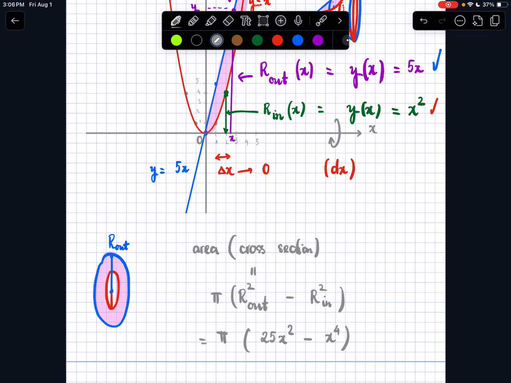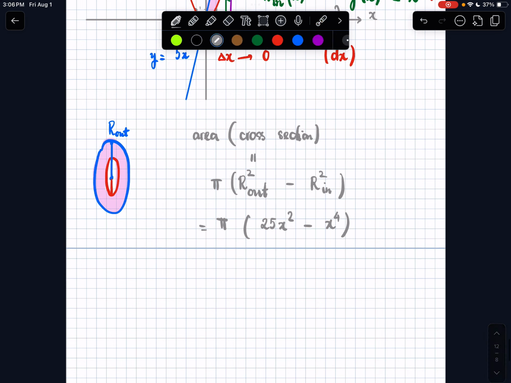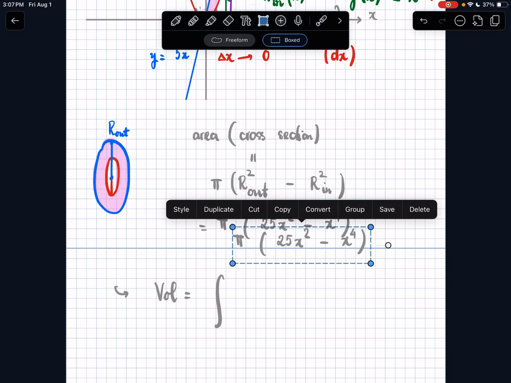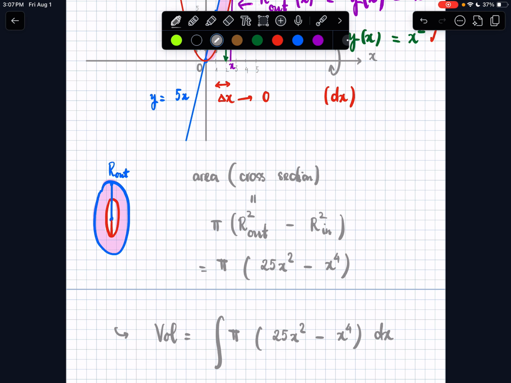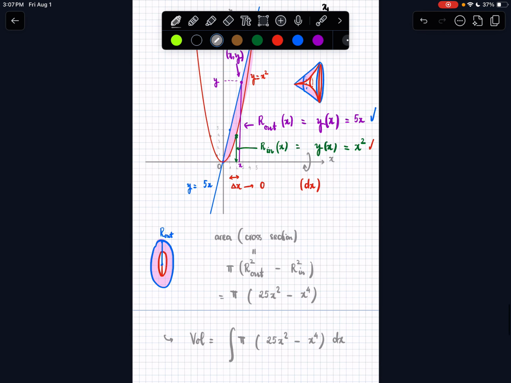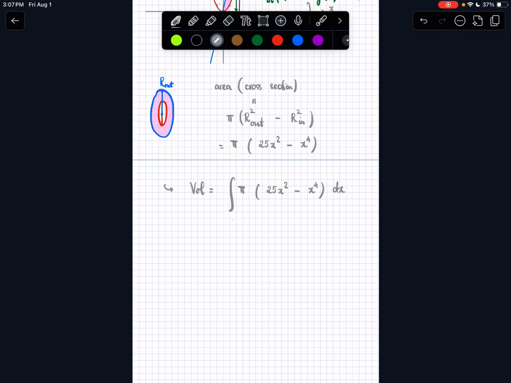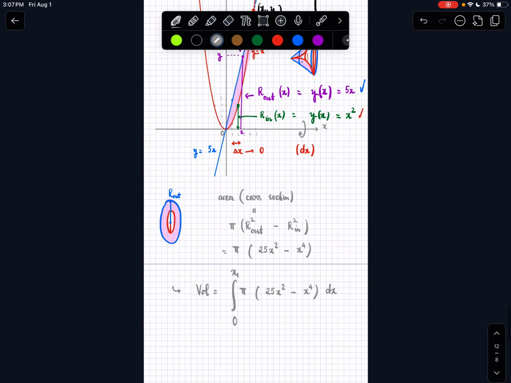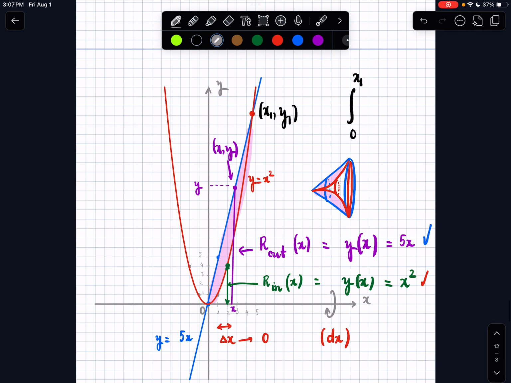That is the cross section. The volume of the whole region is the integral of the area of the cross section dx, as we said before, for x from 0 to x1, where x1 can be determined from the equations of the two curves.